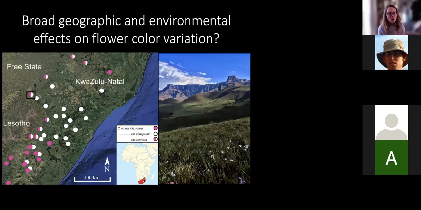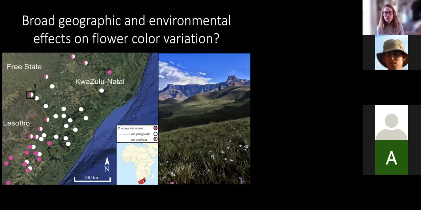Bowerii is more in the southern Drakensberg, whereas Platypetala ranges throughout the Drakensberg into the KZN Midlands. Confecta is dotted along the peaks of the Drakensberg, so it's at high altitude populations. And like I said, the microhabitat of the flower colors for each variety also seems to match up with what we were finding in the broader scope of their varietal distribution.